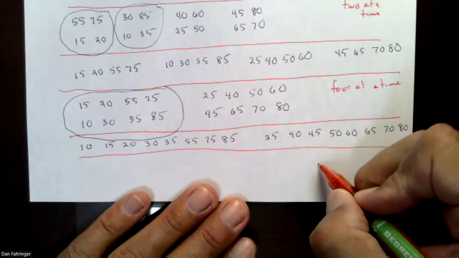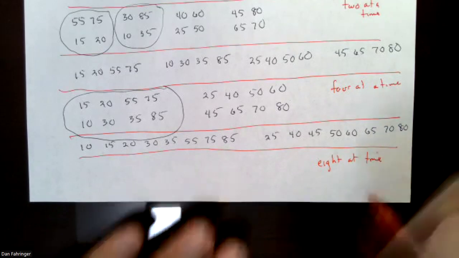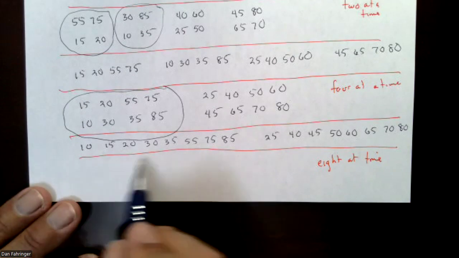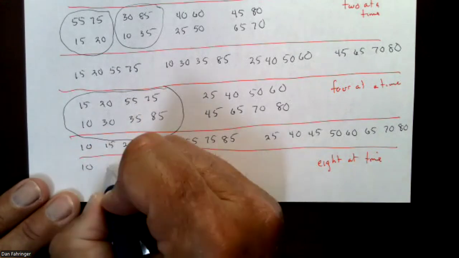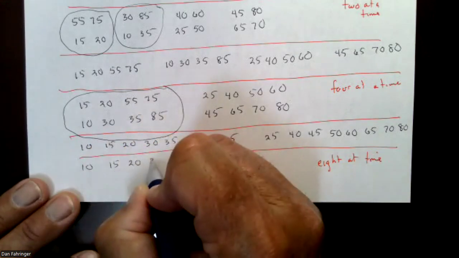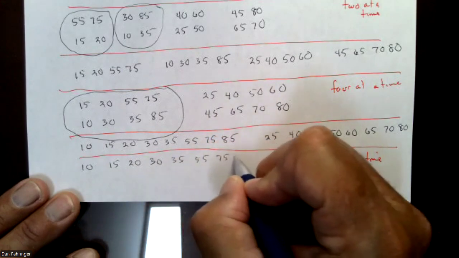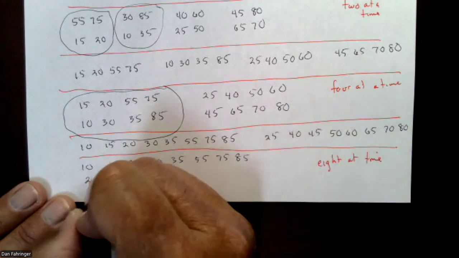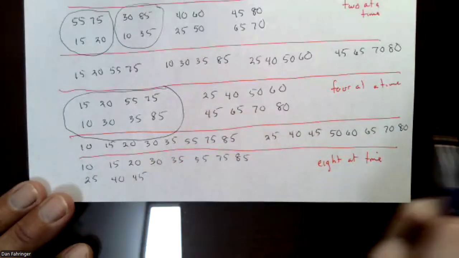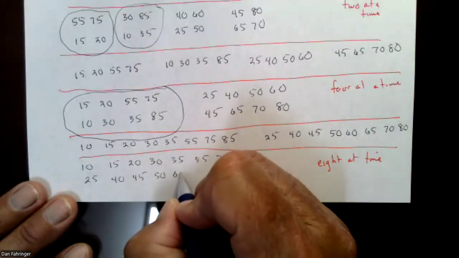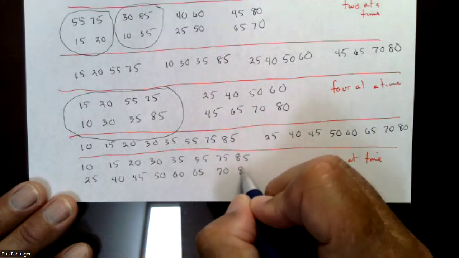Yep, eight at a time. My first eight, and then my second list is going to be my second eight. 10, 15, and I think you got the idea as we repeated this process, how this works. 25, 40, 45, 50, 60, 70, and 80.